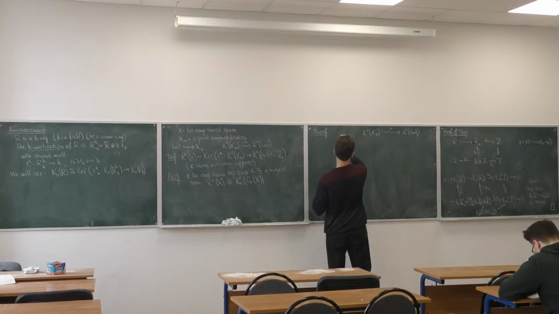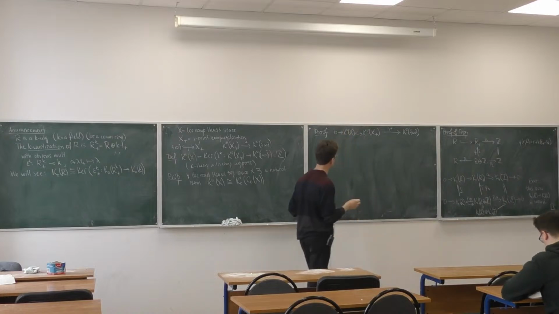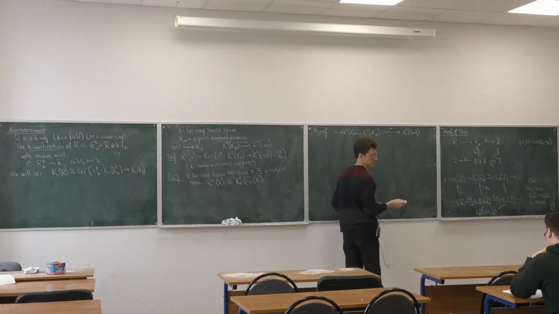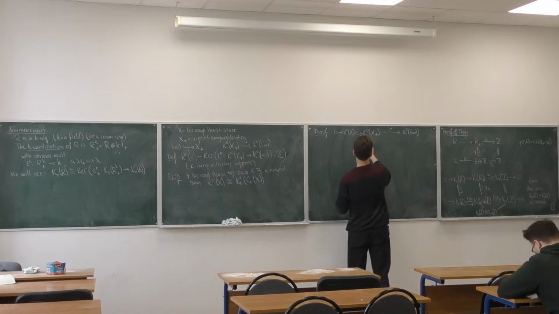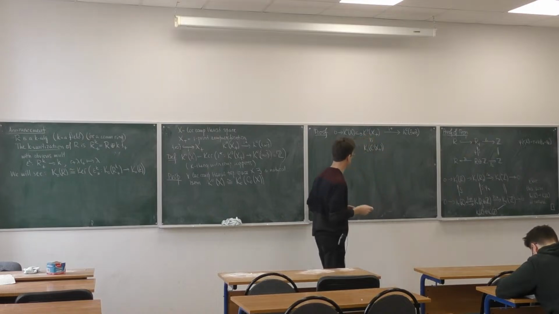And here we have the kernel of this map, K0 of X. Now, by the Serre-Swan theorem, this group is isomorphic to K0 of the algebra of continuous functions on the one-point compactification.